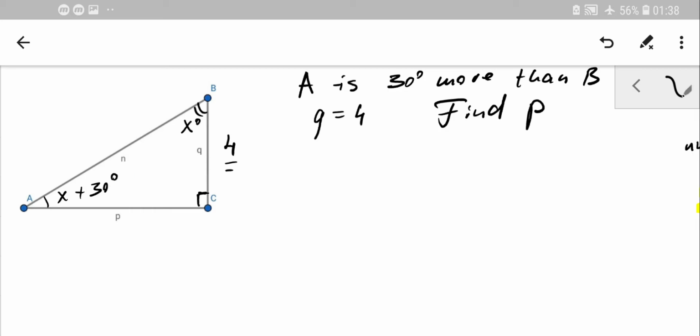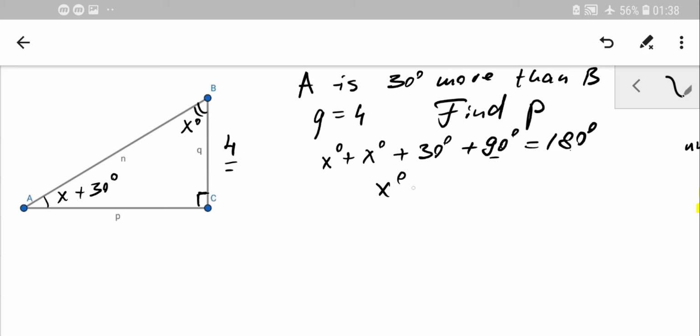All right, so you know that the sum of all 3 angles is 180, or you can use the shortcut that X plus 30 and X should be equal to 90. So I'll put the full writings. Plus 90, no, it's 180. And if you subtract 180 minus 90, you'll discover that X plus 30 actually is 90. That's the shortcut.